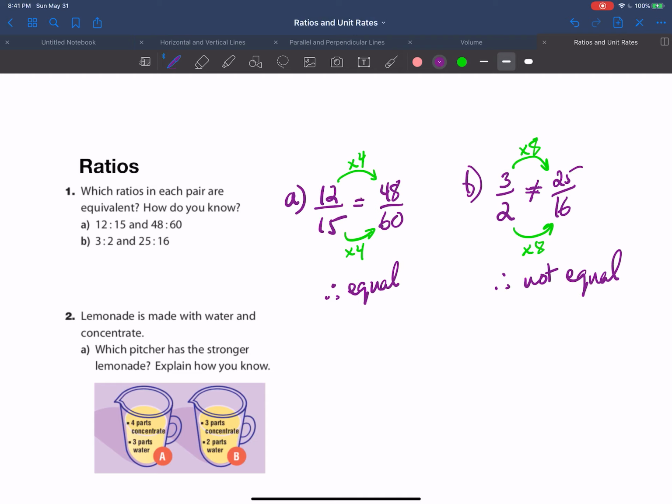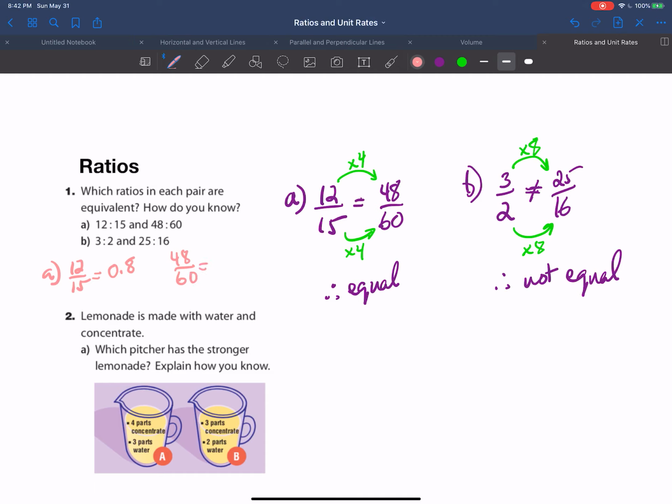Okay, another way of testing to see if they're the same is if I take 12 over 15 and I divide and compare the decimal for the two things, then I can see if they're the same. So this is 0.8 and 48 divided by 60.